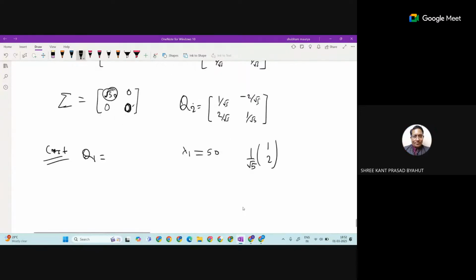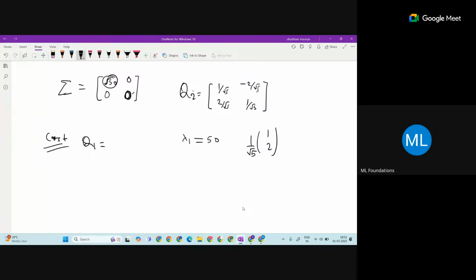Now we'll find y1. Y1 is 1 upon sigma times A times V1, and sigma we know is root 50. A is our 1, 2, 3, 6, and next is 1 upon root 5, 2 upon root 5.